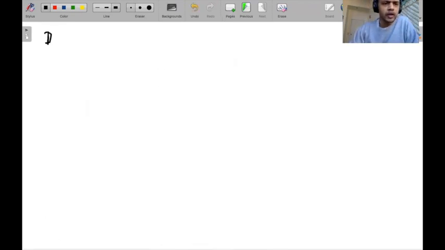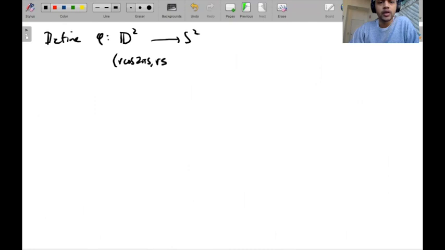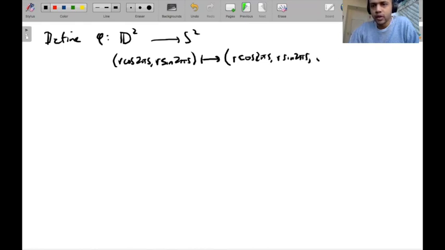Define phi from the disk to S2, sending r cosine 2 pi s, r sine 2 pi s to the same point in the xy plane. And then we want this to land on the sphere, so in the last coordinate, we should do square root of 1 minus r squared.